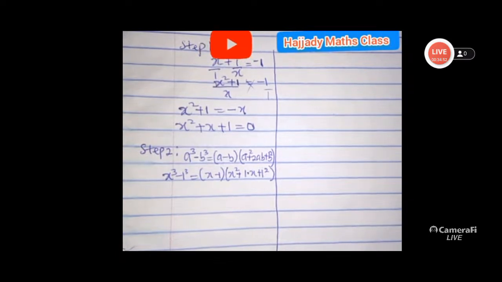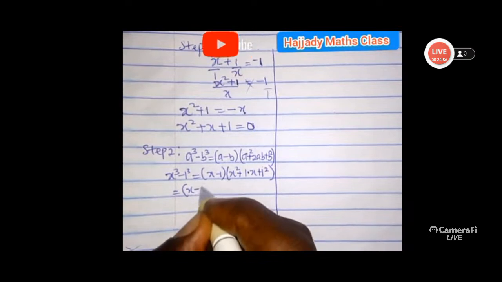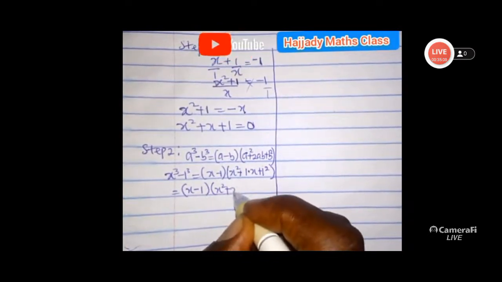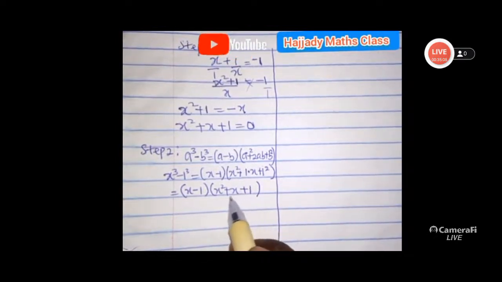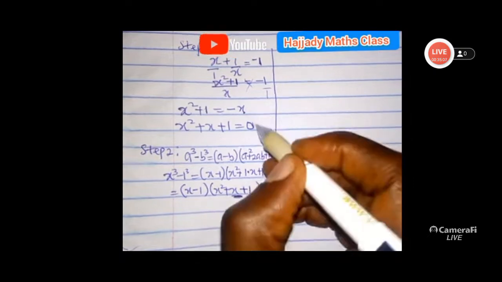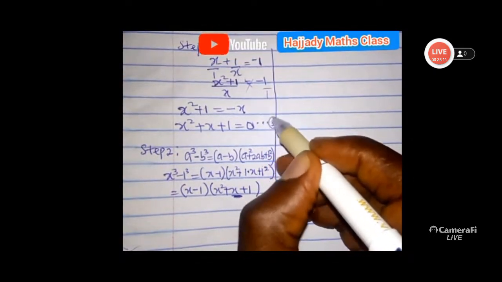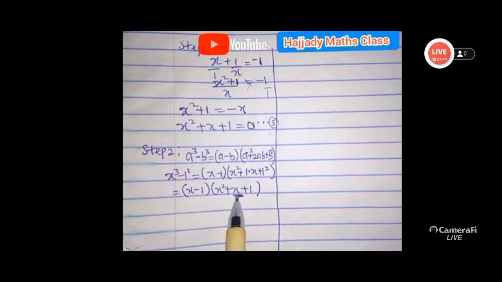Okay, so that means this can be written more explicitly as s minus 1, x squared plus x plus 1. And don't forget that from this equation given to us, let me call this equation 3, the value is equivalent to what? 0.